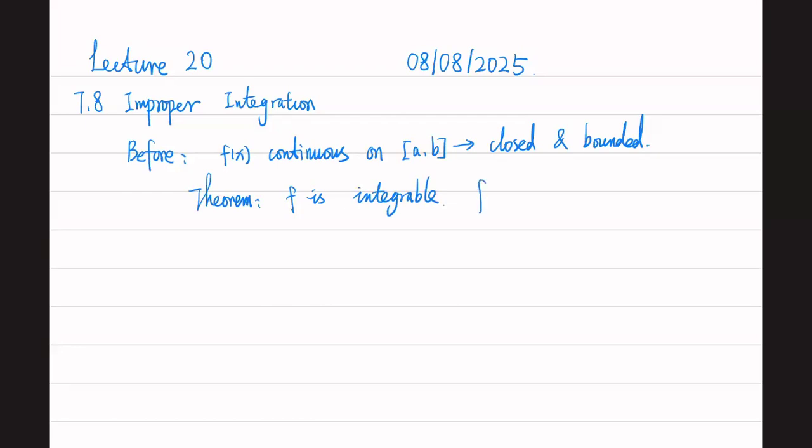And to find the integral, if f is a smooth function, we can find the antiderivative using the fundamental theorem of calculus. Now we want to extend this. So the first extension, we will allow the interval to be unbounded.